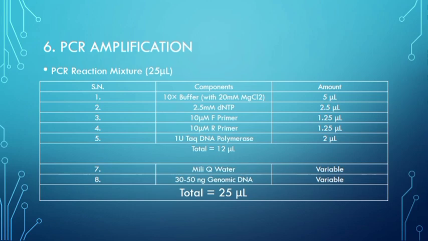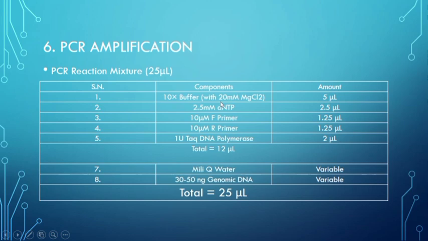If you have a very rare sample, or you don't have large quantities of your extracted DNA, go for 50 microliters. If your PCR is a success, you will have a large amount of PCR product for sequencing. For the PCR reaction mixture there are 8 components you need. The first one is 10x buffer.